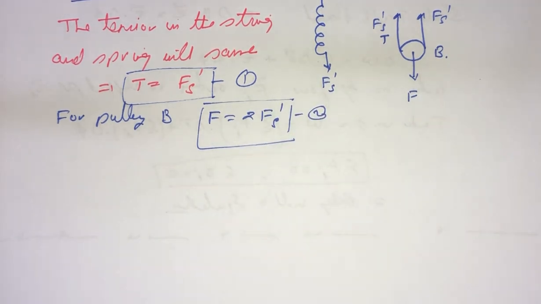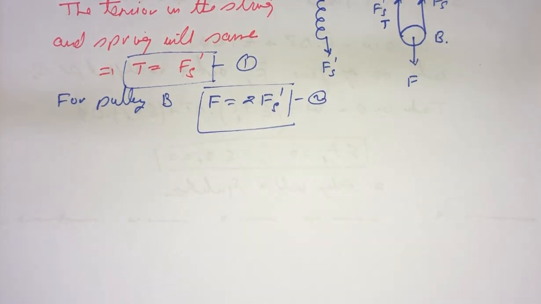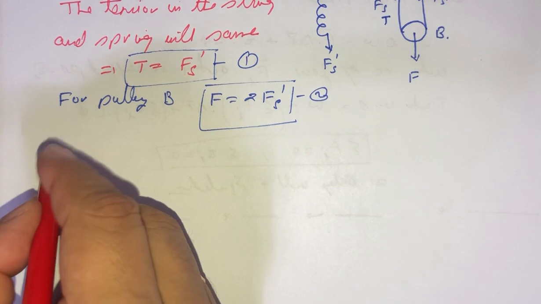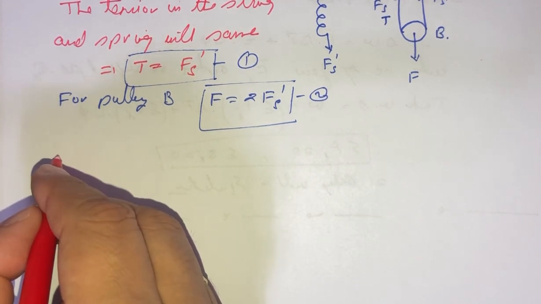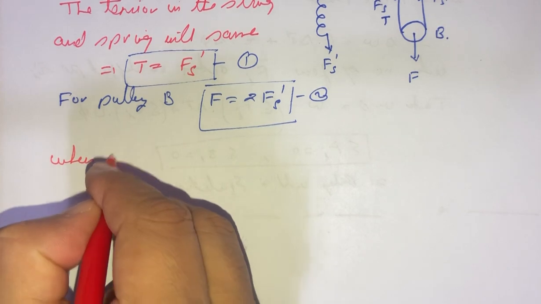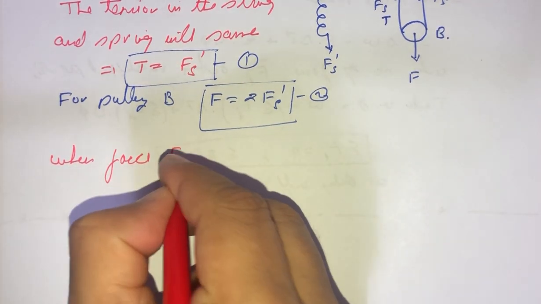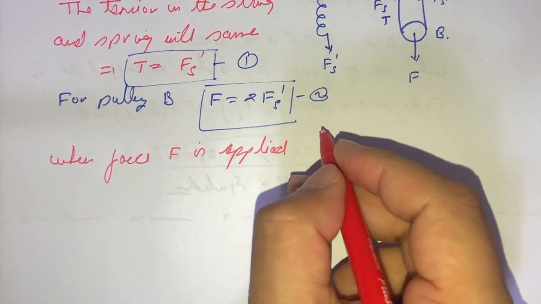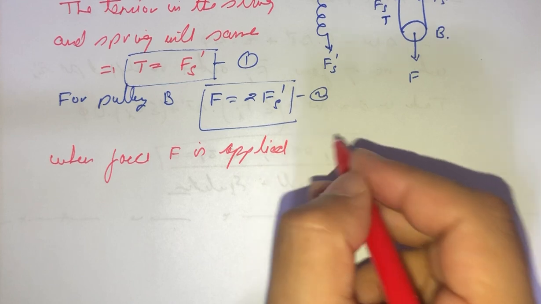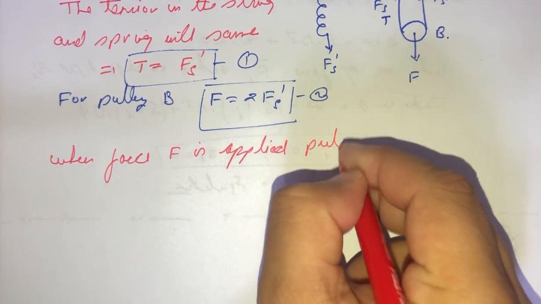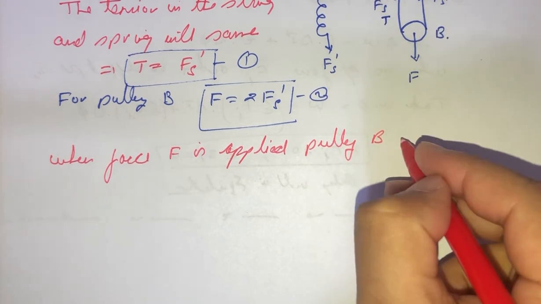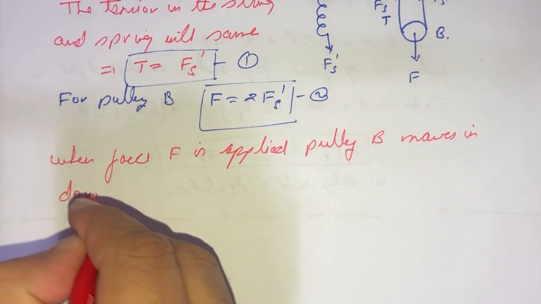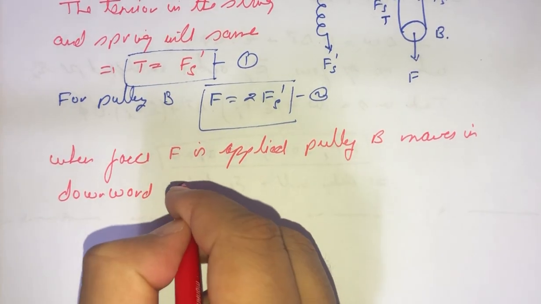Now what happens with the force F is that when force F is applied, pulley B moves in downward direction.